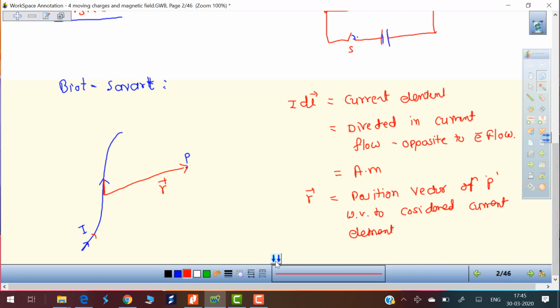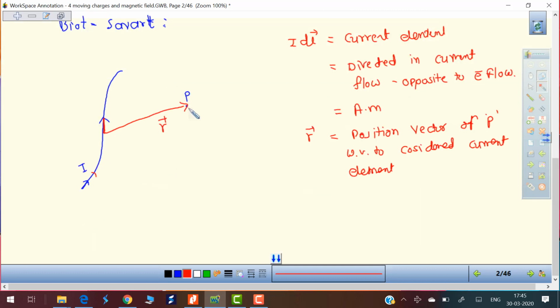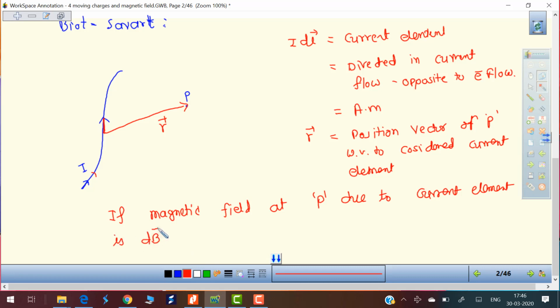Then how is the field at P defined? The magnetic field at P due to this small current element is dB, it is a vector quantity, so I use the vector.